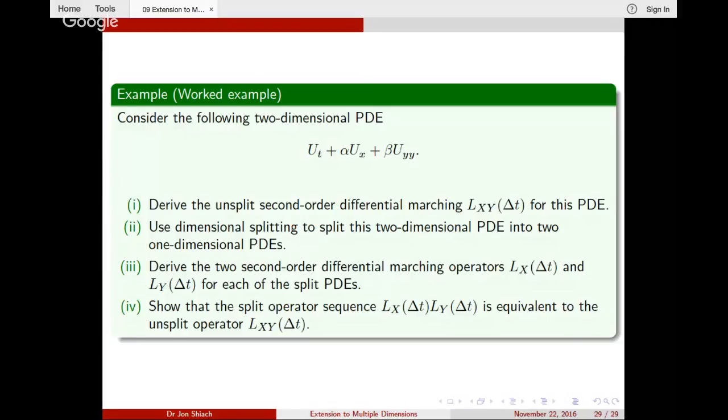Factorize out in terms of U, and what we end up with is 1 times U there, that's 1. I've got this times U, that's delta T minus alpha delta X, shouldn't it? Yeah, I've missed out an alpha there. Minus beta delta YY plus dt squared over 2 alpha squared delta XX plus 2 alpha beta, and I've also missed out something here.